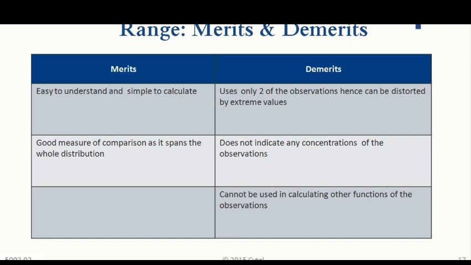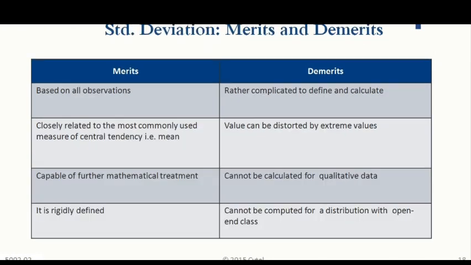See, the mathematical or statistical analysis that is going to follow always needs that whichever measures you define should consider all the data. They should not be considering only a few observations from the data. So, for standard deviation, the first merit here is that it is based on all observations.